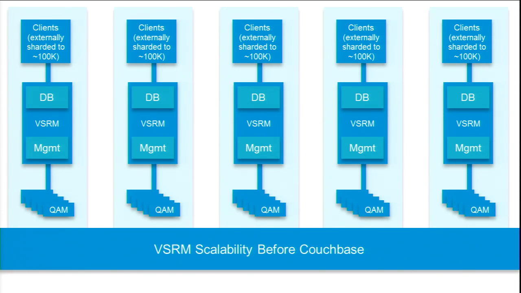And this is our scalability model before Couchbase, where each node is taking roughly 100K subscribers, handling a small set of network elements, and a locally managed, local database, etc.